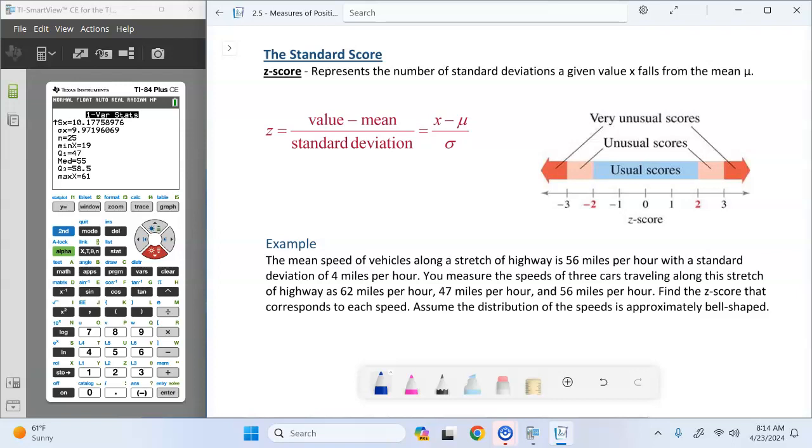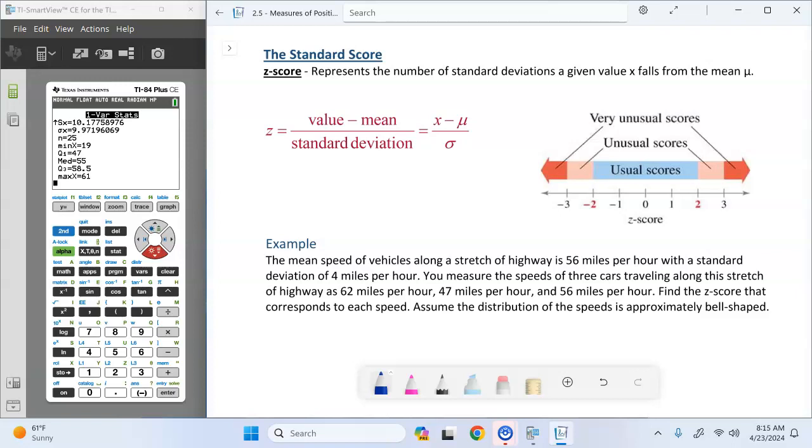Generally, what we say is that usually we are within 2 standard deviations. 2 standard deviations, that's 95% of our data. So it's fair to say that if it's within 2 standard deviations, it's typical. It's to be expected. 95% of people fall within that category.